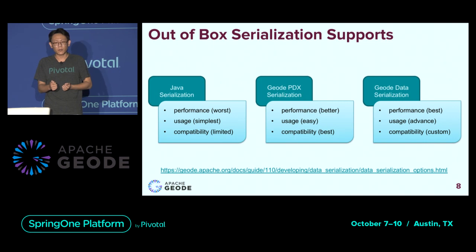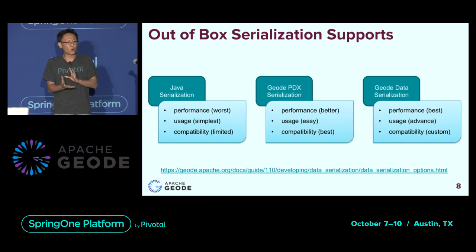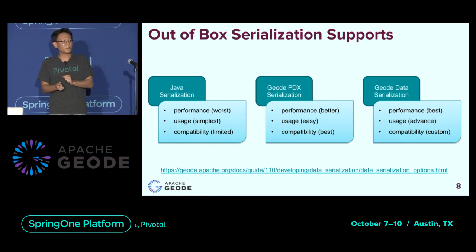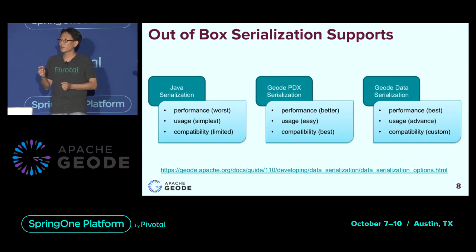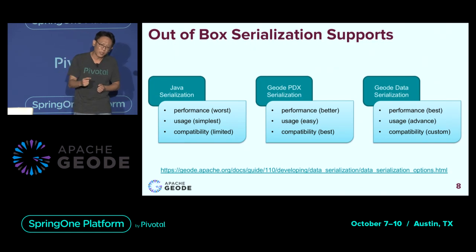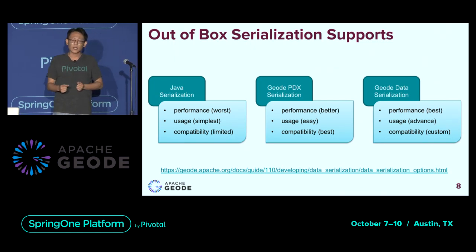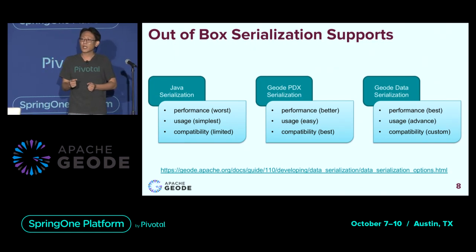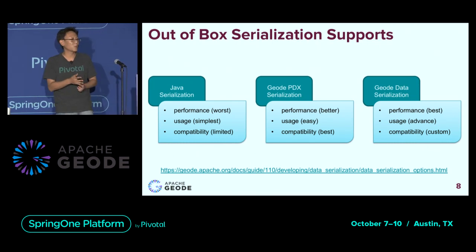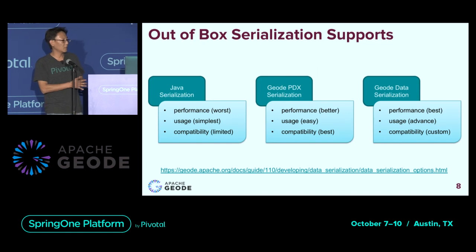It gives you the best performance, however, because of the code you have to put into place, it's also more of an advanced use case. If you have a business need where every millisecond counts, where you want to squeeze out every possible bit of performance, and you think PDX serialization is not good enough for you, for those kinds of special use cases, maybe you can go to Geode data serialization.